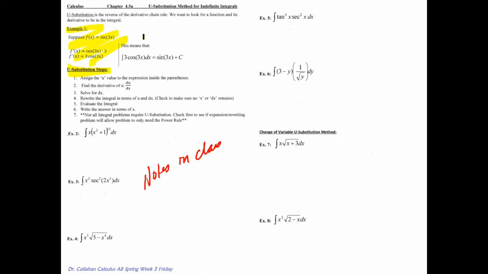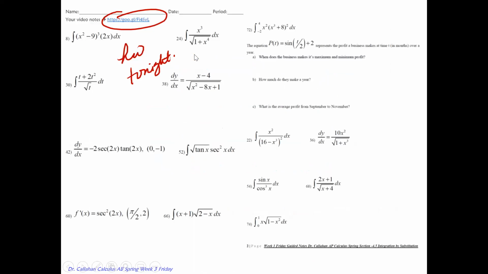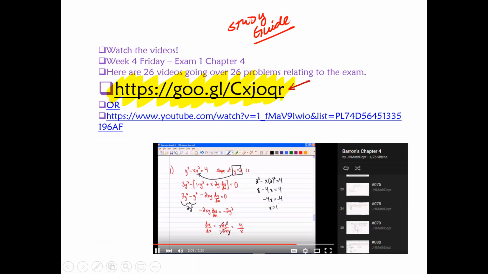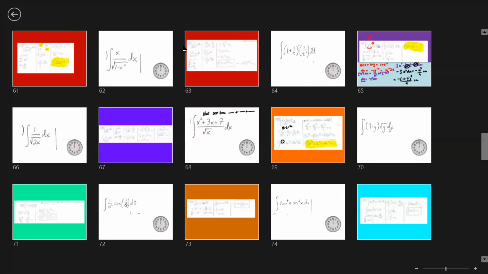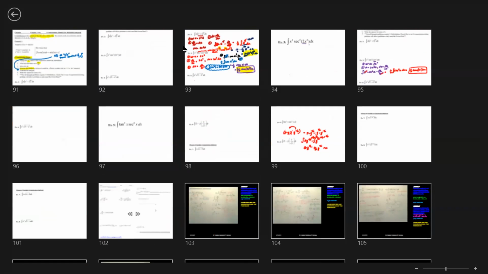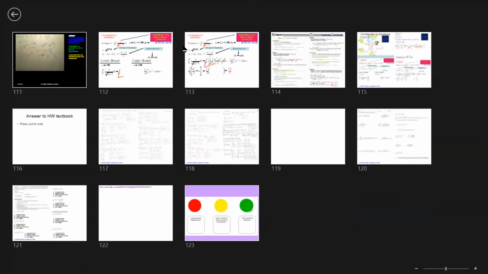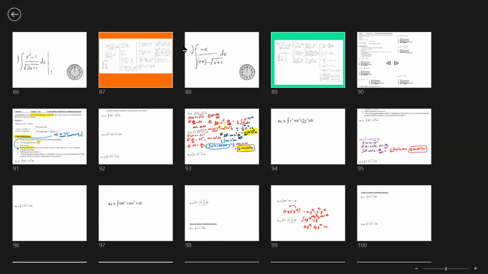This right here kind of tells you the meaning behind why we use u substitution. And then this is from your textbook. The link is up here, so you're welcome to go ahead and watch the video and practice with some of this in your textbook. All right, so then with that said, let's go ahead and just jump right into the notes for today, which is right here.